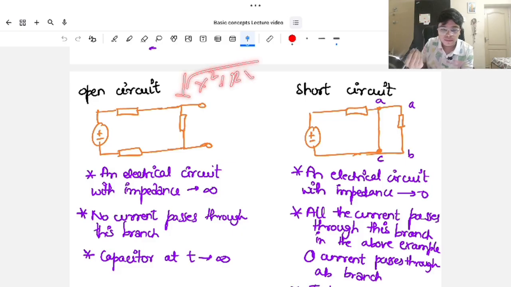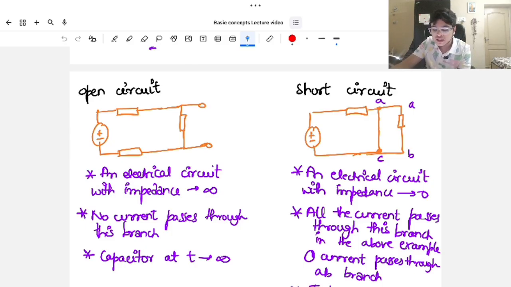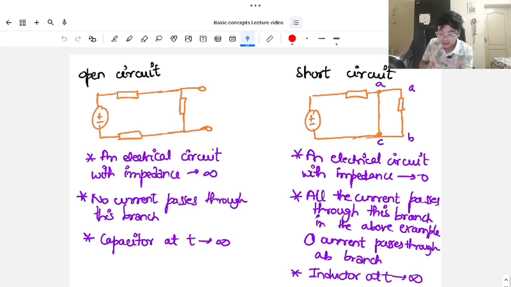Even if you are not, you can understand it again in the AC section. Right now just treat it as r tending to infinity. So the resistance or impedance is tending to infinity in this portion, and therefore no current will pass through it. For example, a capacitor at t tends to infinity is an open circuit.